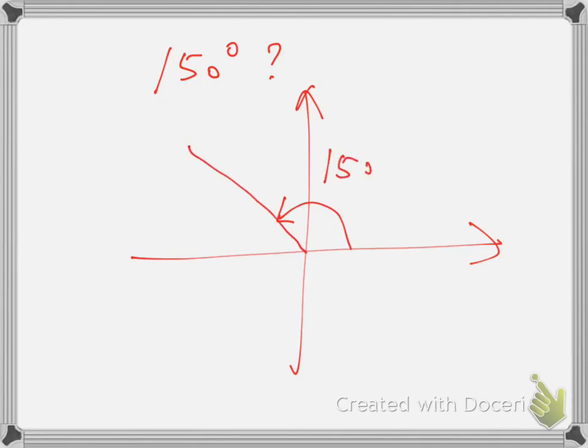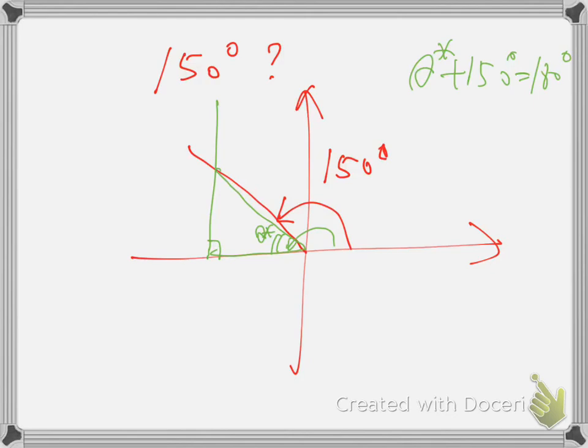Then you draw the reference right triangle and get the reference angle theta star. What's the relation between theta star and 150? Theta star plus 150 is 180, the whole half circle. So theta star is 180 minus 150, which is 30 degrees.